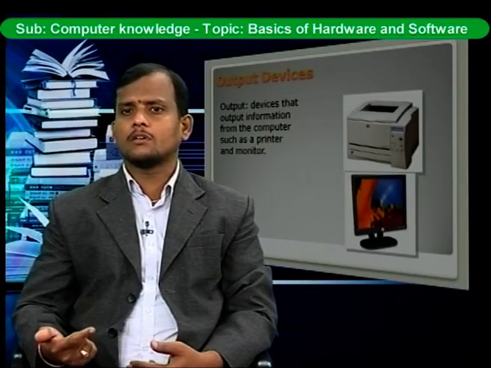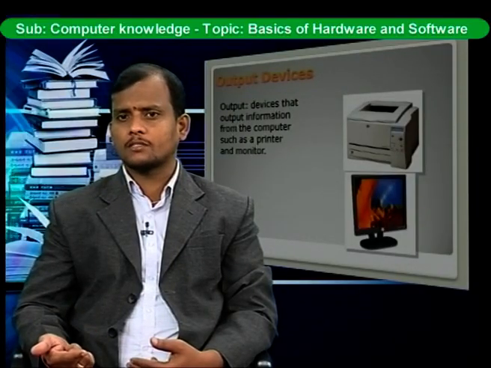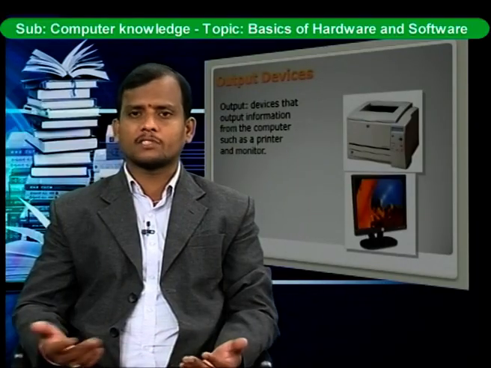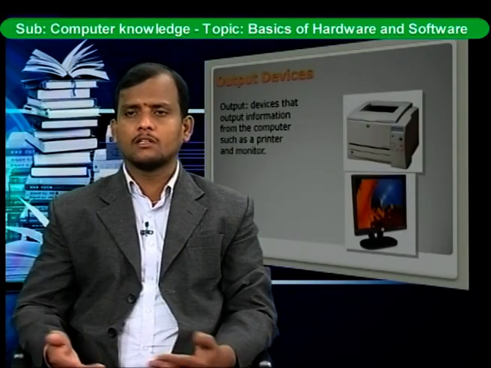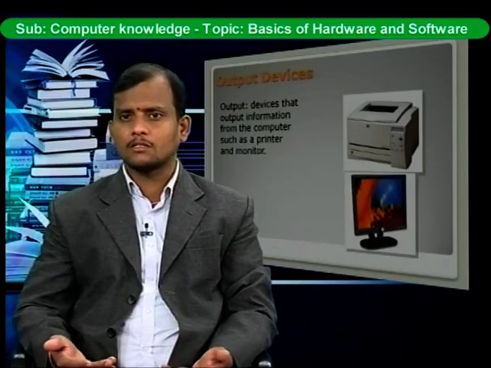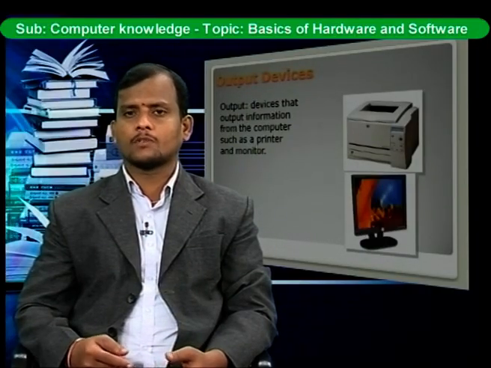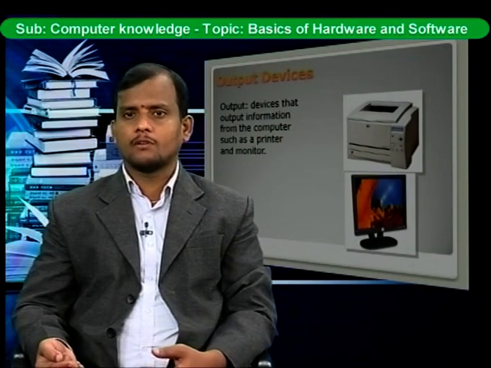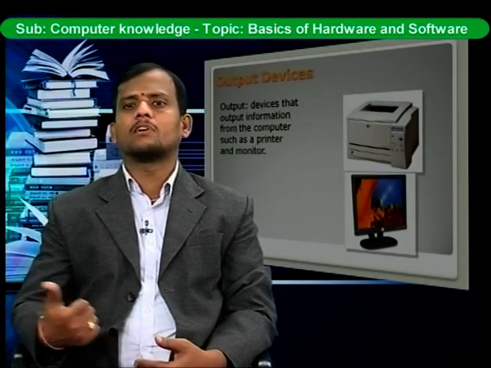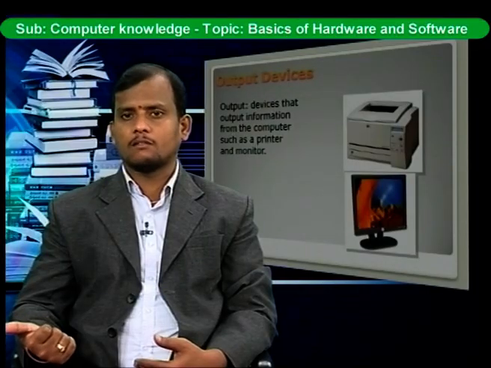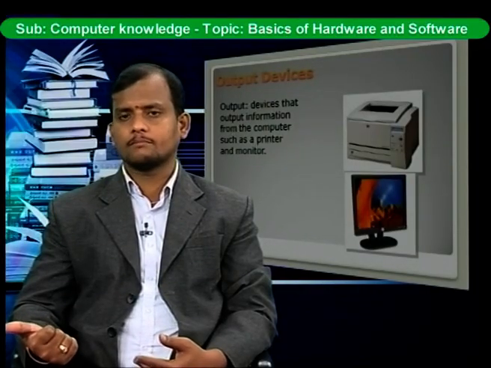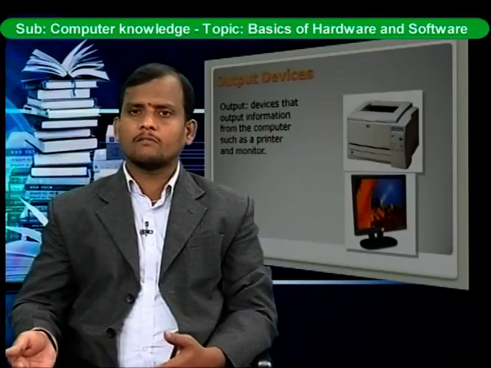If you want to display an image, the computer will pass it to the monitor. Or if you want to play some audio, it will go to the speaker as an output device. So the output devices are these.